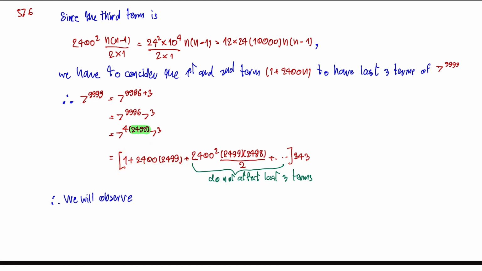So we have to have 1 plus 2400 times 249, times, give me a second, times 343. All right, and distribute 343, we have 343 plus 2400 times 249 minus 1, and 343.